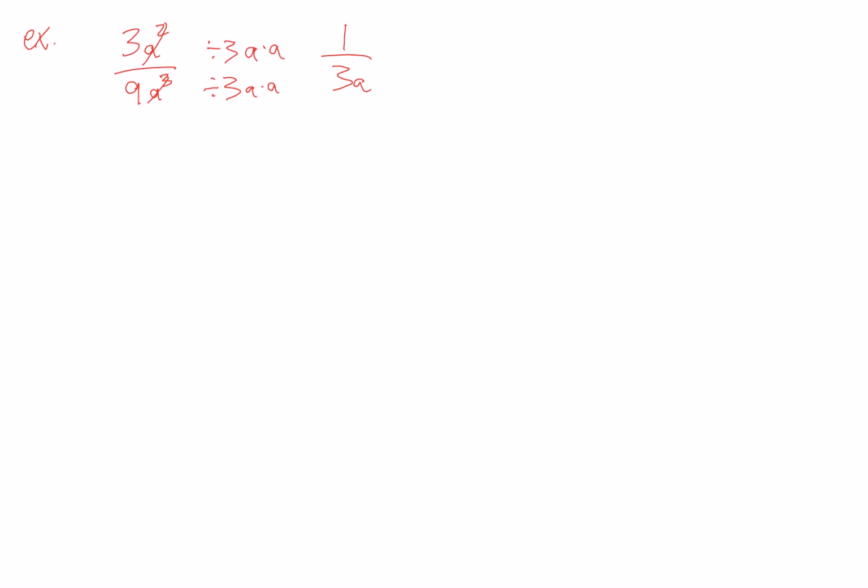That would leave us with 1 a left over. So our final answer is 1 divided by 3a. Your non-permissible values, always go back to your original. We have an a that's by itself, so a can't equal 0. That would be our final answer for that one. So let's do a different one.